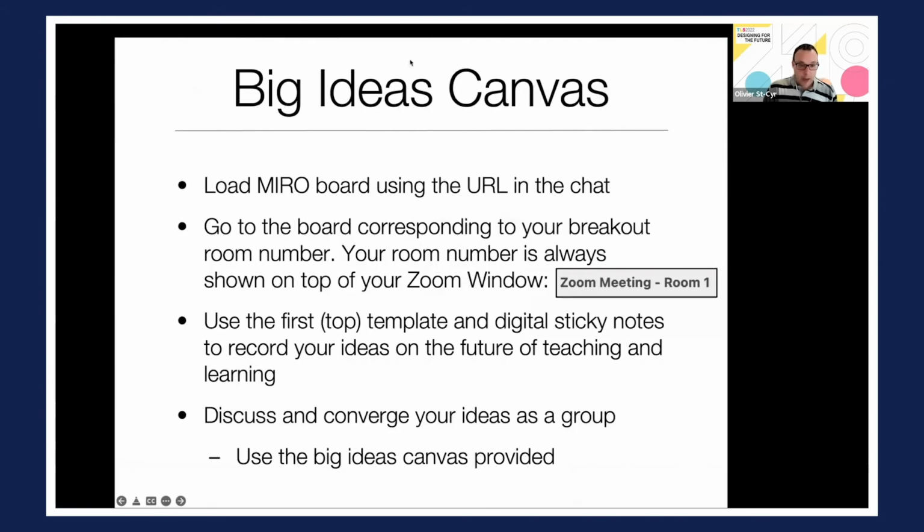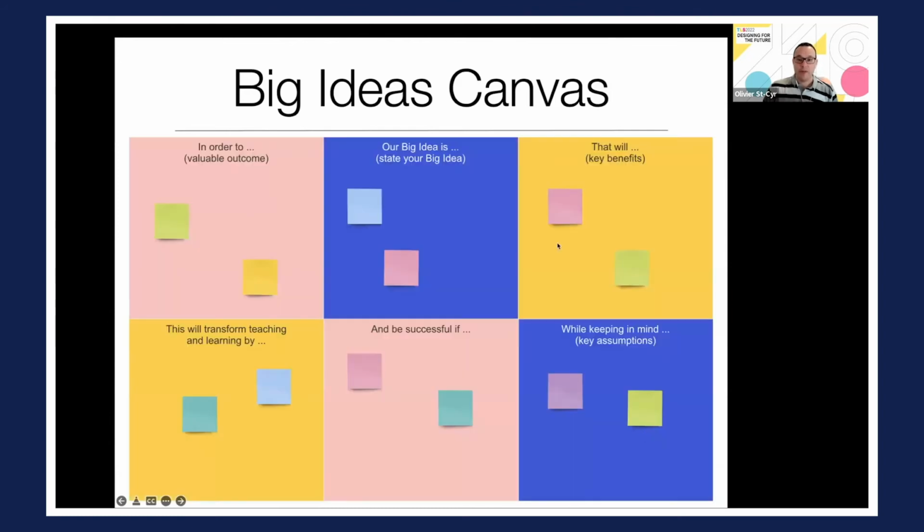So the next part will be to go into Miro and look at an opportunity at the big idea canvas. The big idea canvas is fairly simple. It is in order to value outcomes. So it's value creation, right? An idea is to be related to the value.